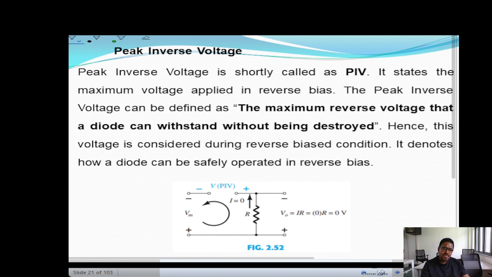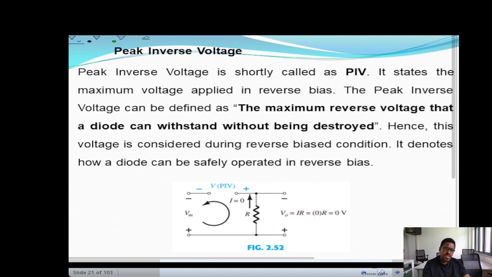As shown in the figure, the circuit is a reverse bias arrangement. That means the diode becomes an open circuit because current cannot flow through the diode. During this condition, when we measure across that diode, we get the maximum voltage that we call the peak inverse voltage.